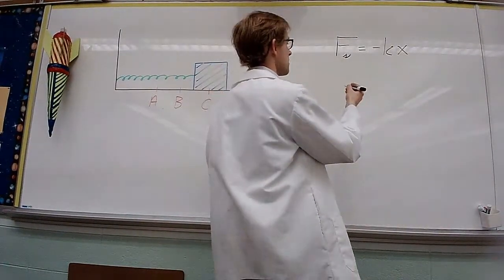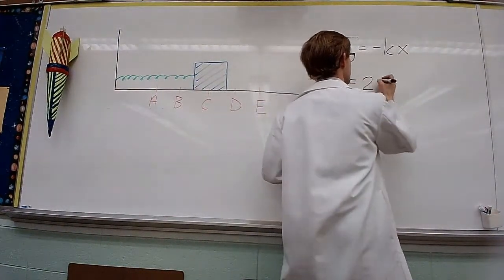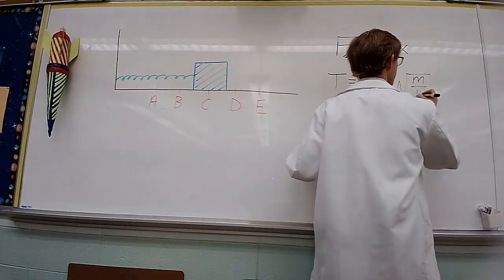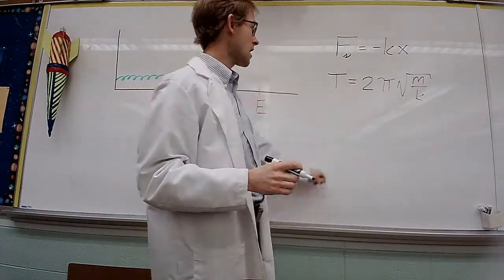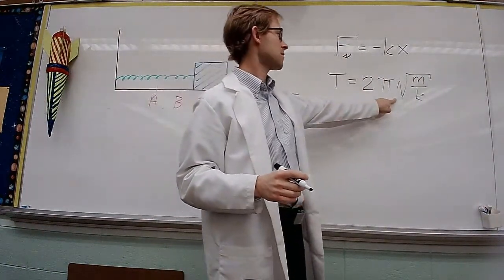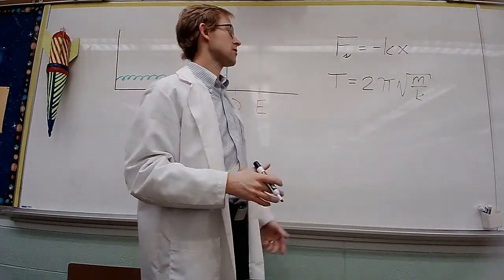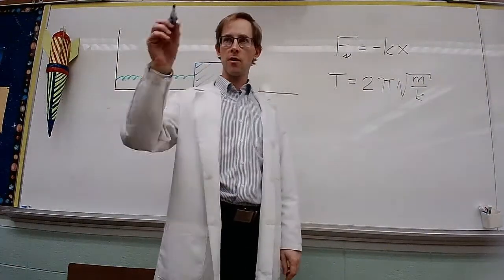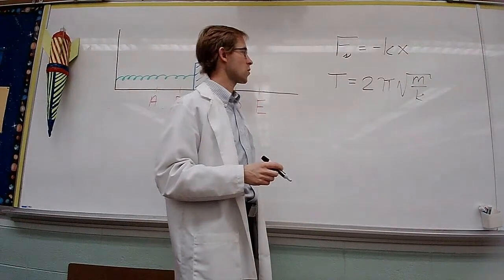Another one is this guy here. Looks pretty similar to the pendulum equation. Period is equal to 2 pi times the square root of m over k. And this is just another equation where you can calculate the period of oscillation as the spring goes back and forth one time.